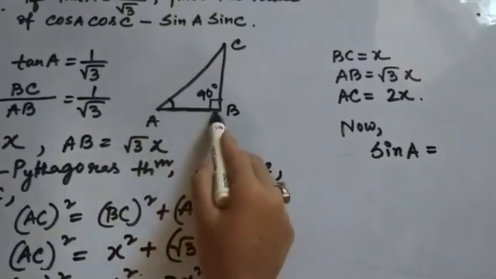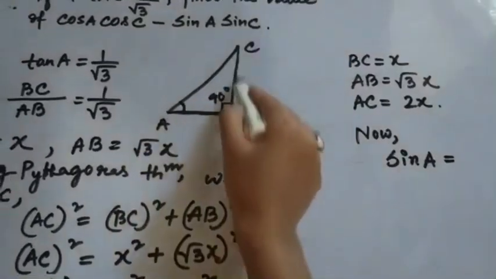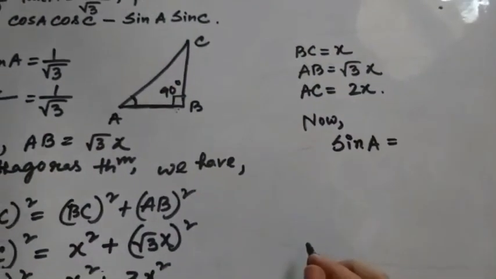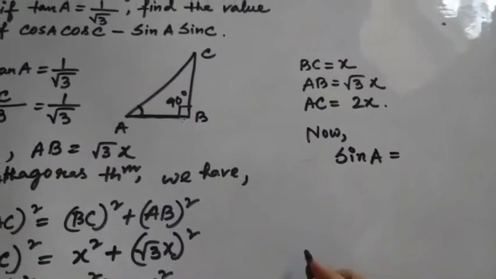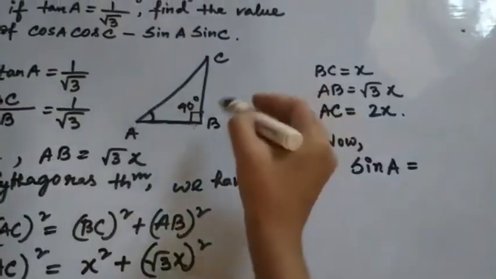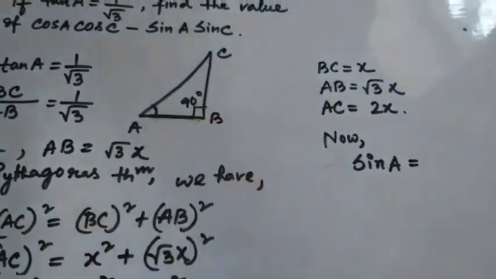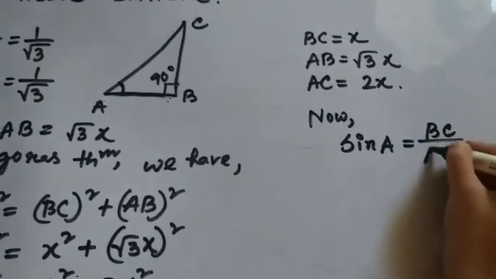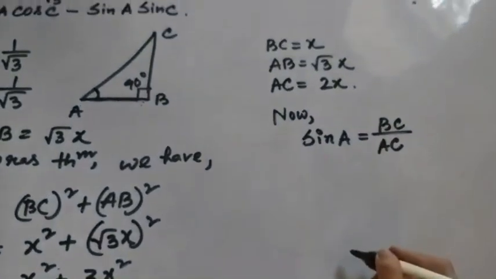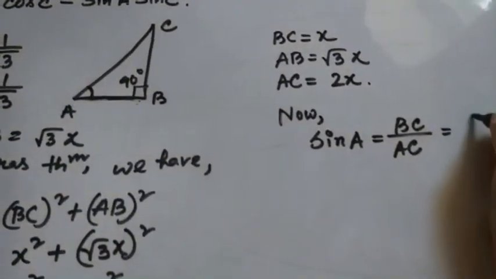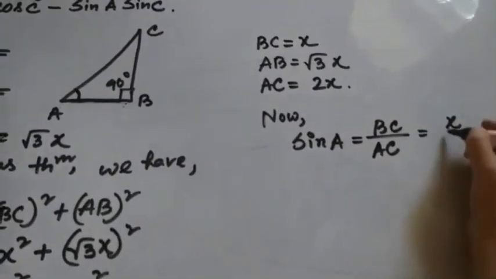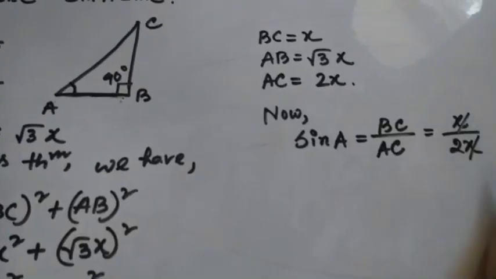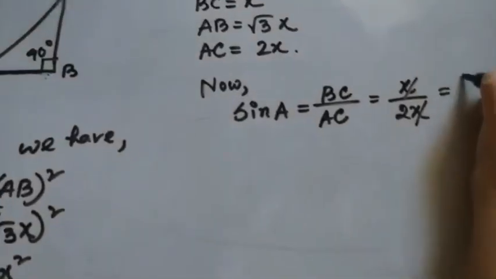That means this is the adjacent side of angle A and this is the opposite side of angle A. So that will be BC by AC, perpendicular divided by hypotenuse. BC's value is x and AC's value is 2x. So the x will cancel. So the value will be 1 by 2.